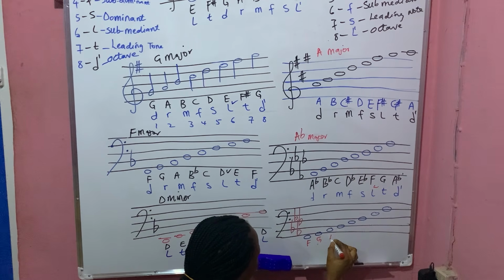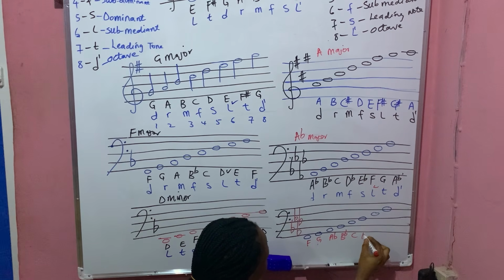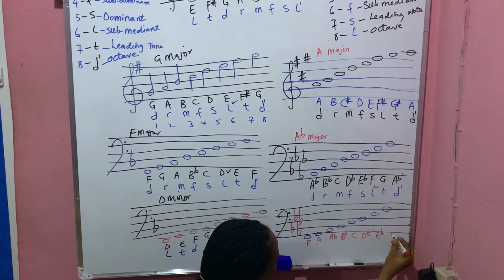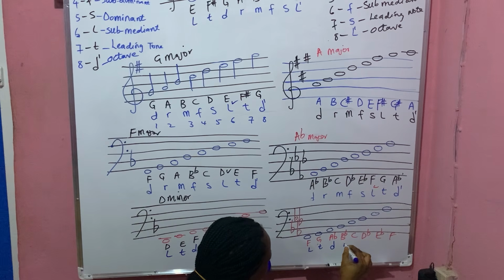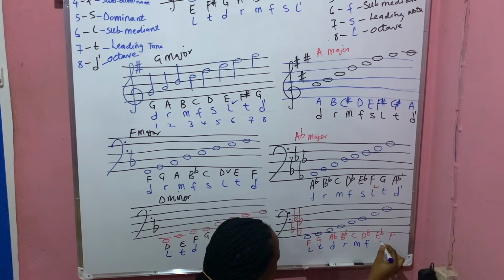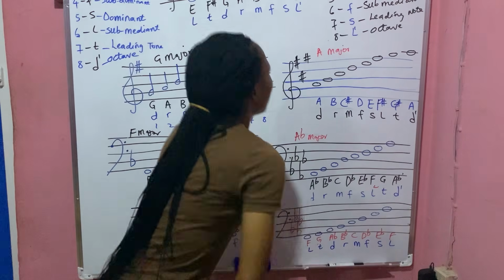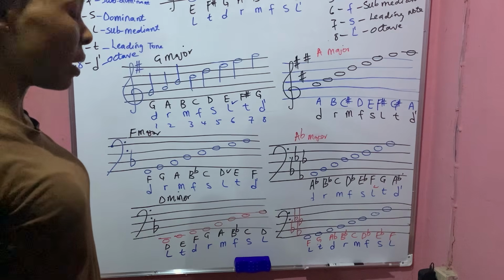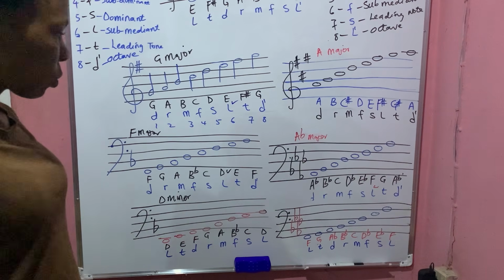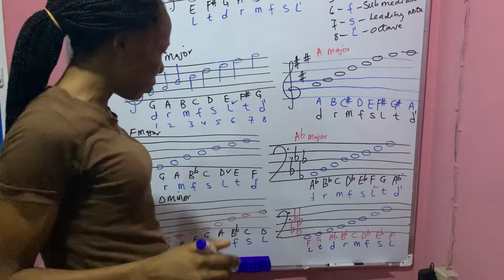G, A flat, B flat, C, D flat, E flat, and back to F. Which is going to be La, Ti, Do, Re, Mi, Fa, Sol, La. Everything we are doing today is natural minor. We'll do melodic and harmonic minors as we progress. Maybe that will be later.